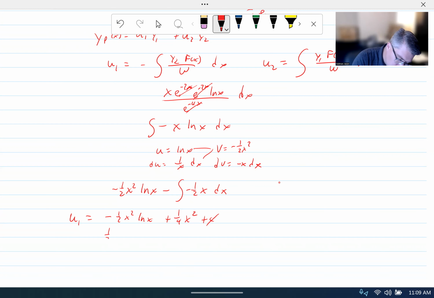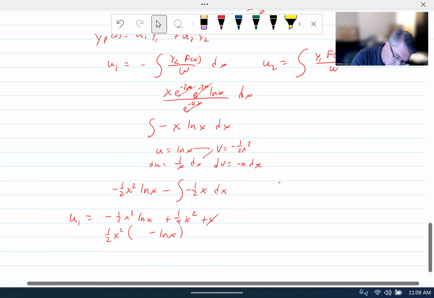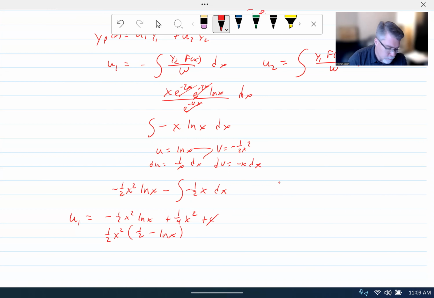Okay, so 1/2 x squared times this is going to become 1/2 minus natural log x.